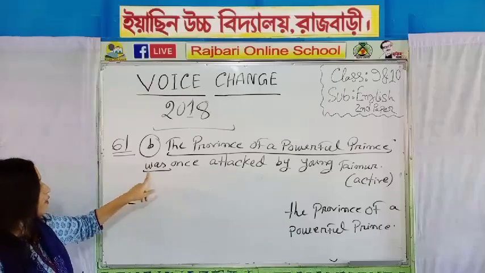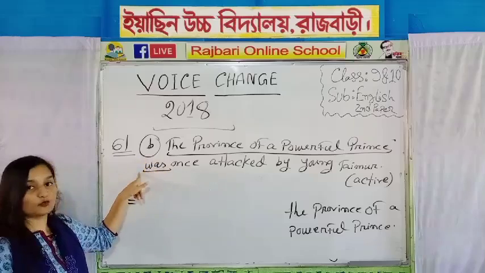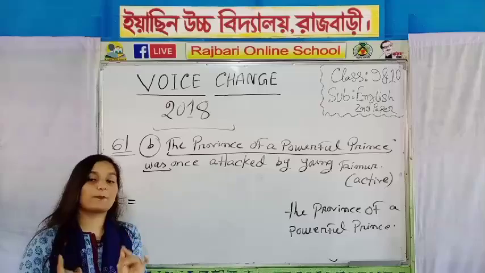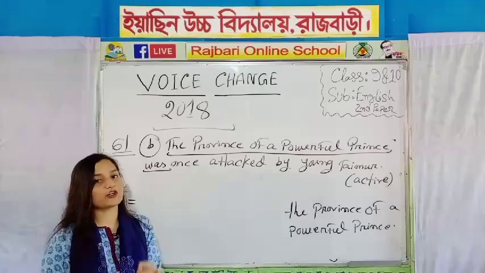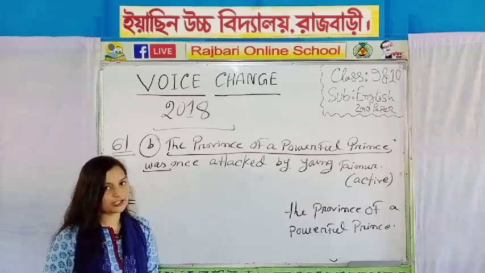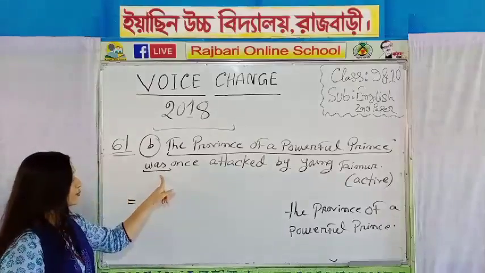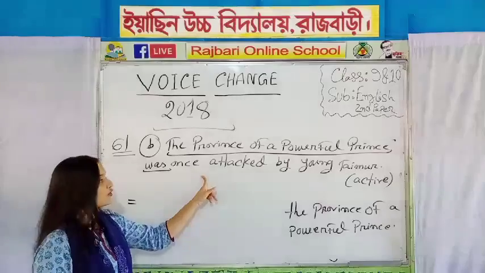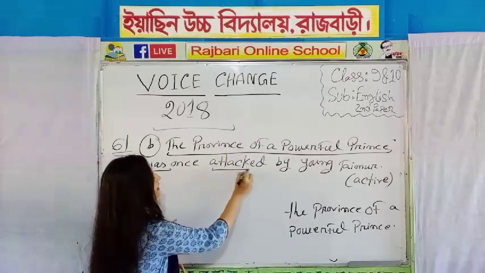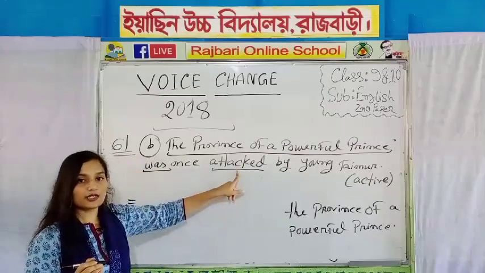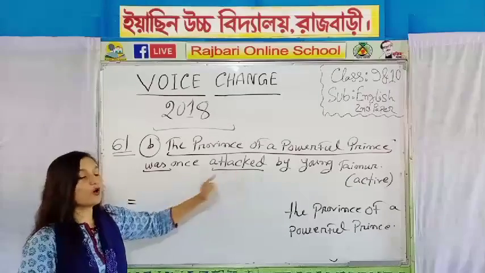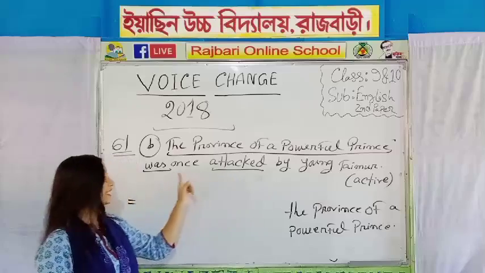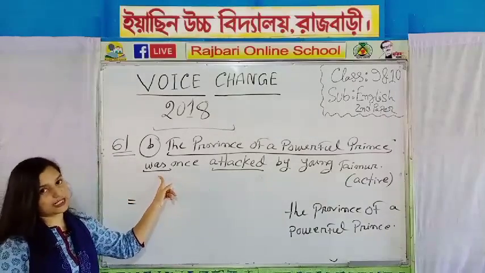What is the tense here? We can see that the verb here is was, an auxiliary verb. And we know that for past indefinite tense, we bring the auxiliary verb was or were. Since it is was here, that means the sentence is in past indefinite tense. So we have to make this past participle form into the past indefinite form, since the sentence is in past indefinite tense.